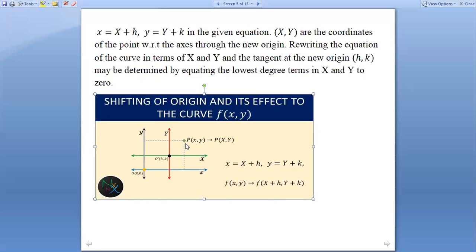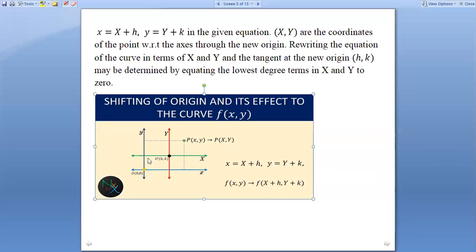So similarly, if we can find out what is x and y from this diagram, small x is equal to what? x is the length from the y-axis to this point P, right?